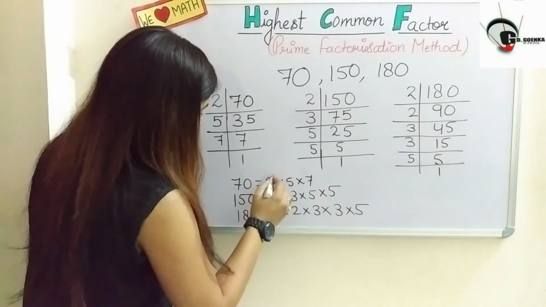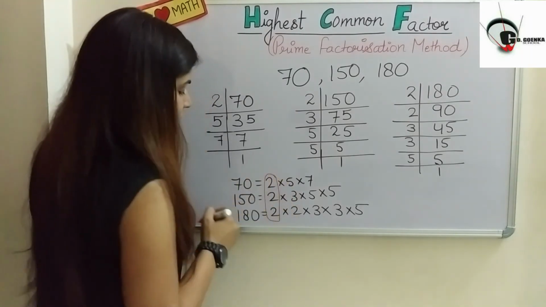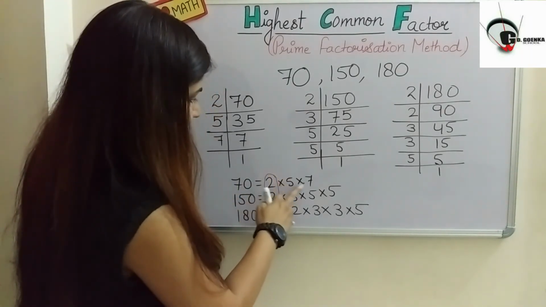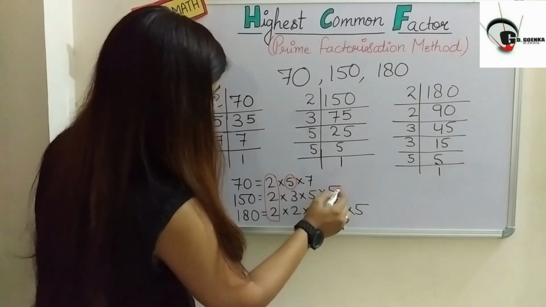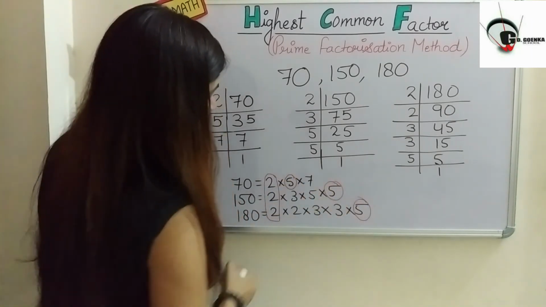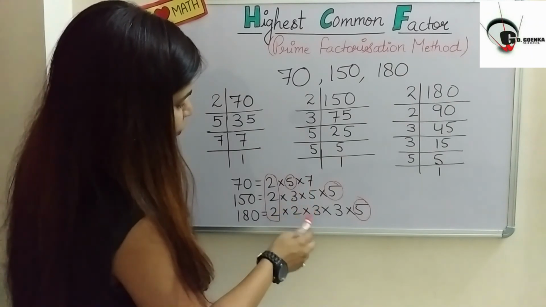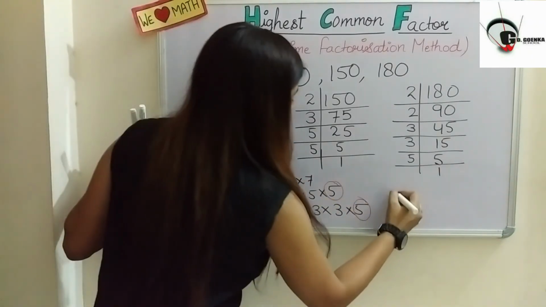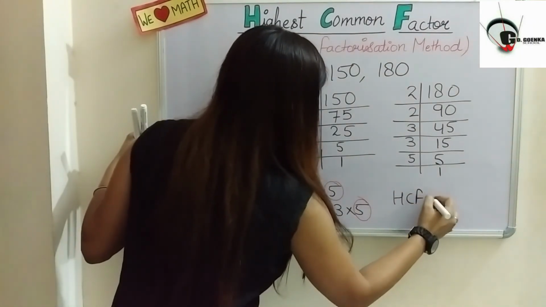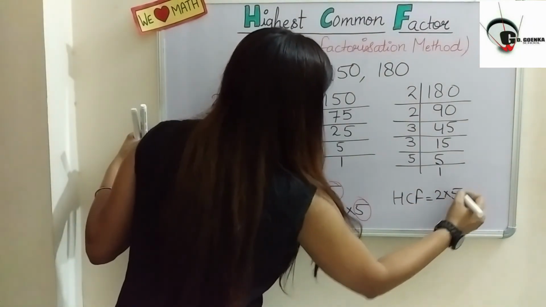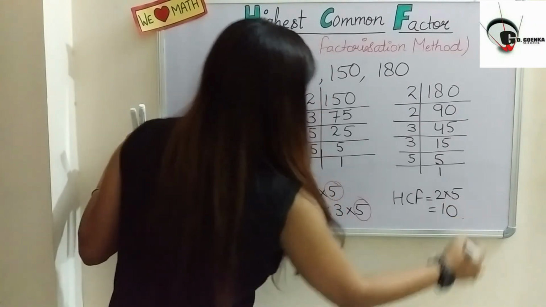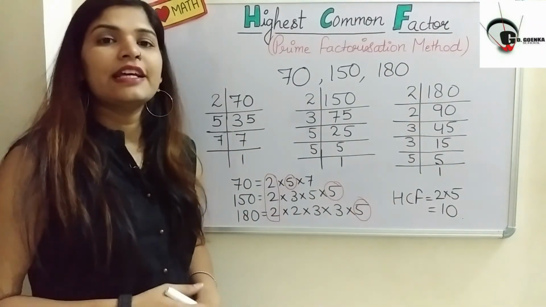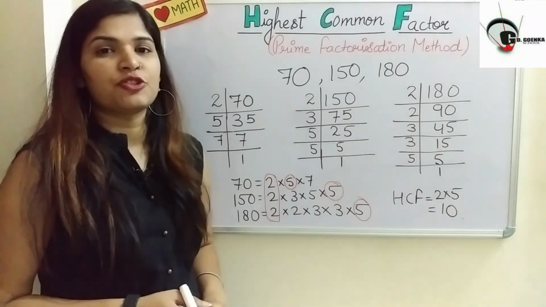So this is 2 again. Then do we have 5 in all three? Yes, we have 5 in all three: 5, 5 and 5. And then 7, no, nothing else is common. So again we have the HCF as 2 multiplied by 5, which is equal to 10. So this is how we solve HCF by the prime factorization method.